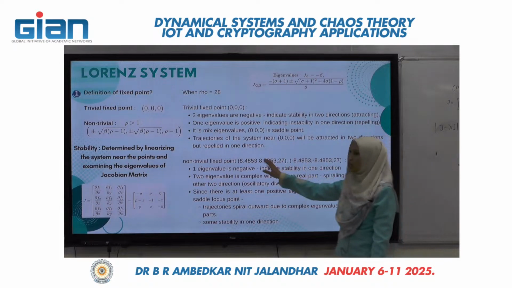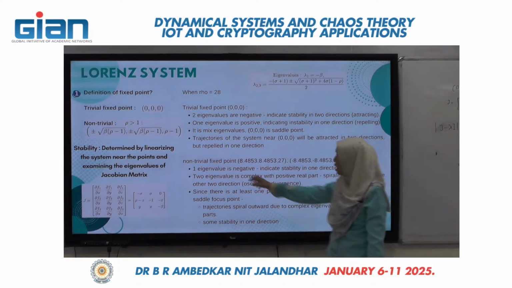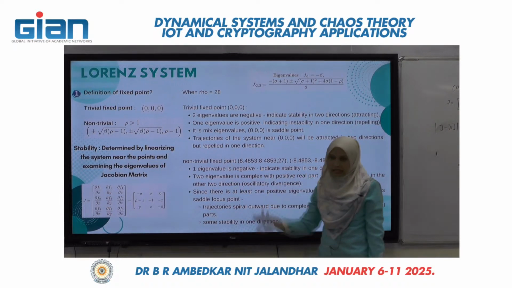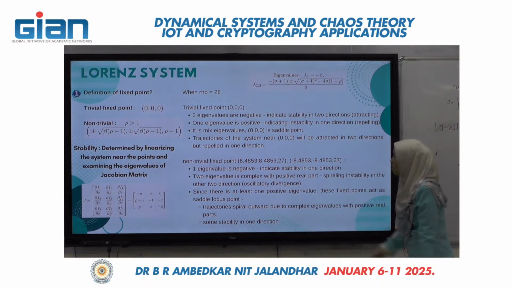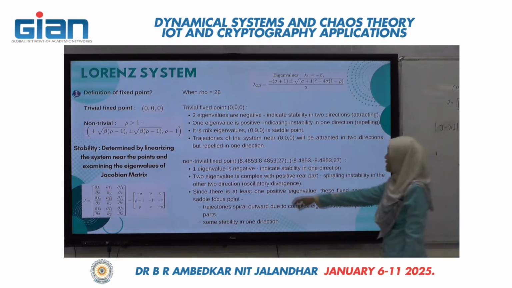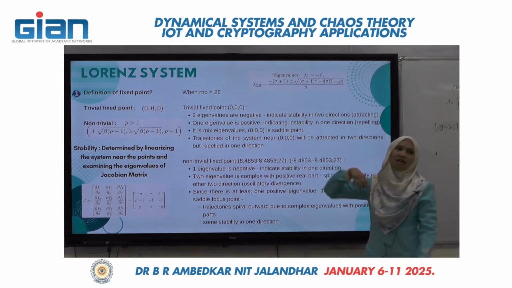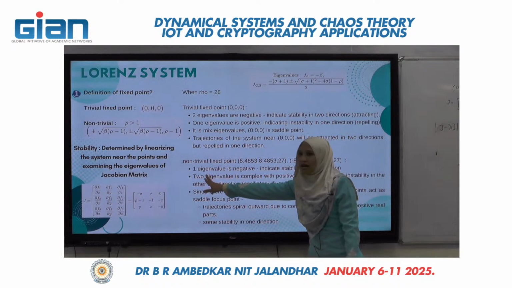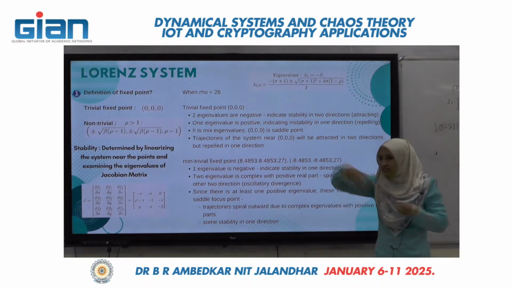The eigenvalues that we get: one is negative, and a complex pair, which indicates stability. So if it's negative, does it mean that it's attracting or repelling? This is my question. Is an eigenvalue that is negative attracting or repelling?